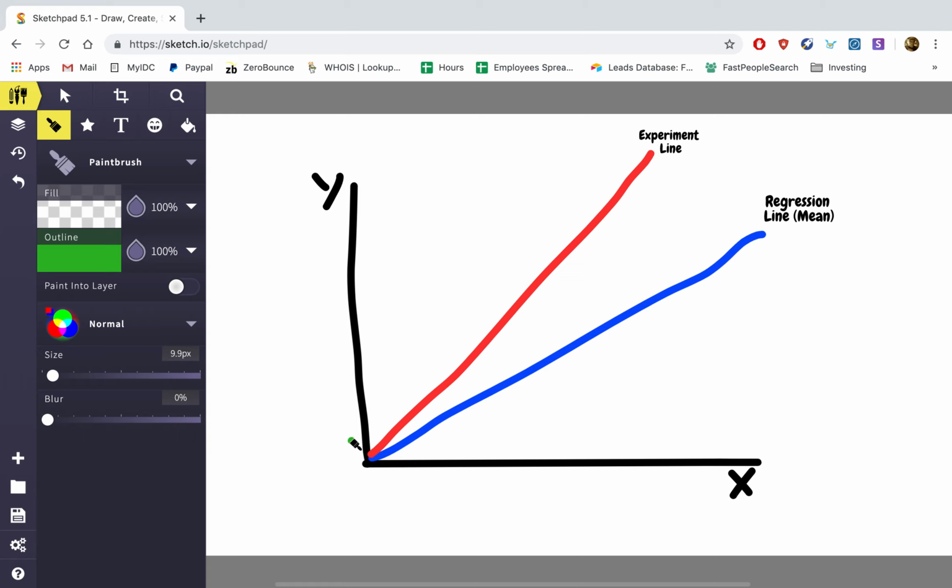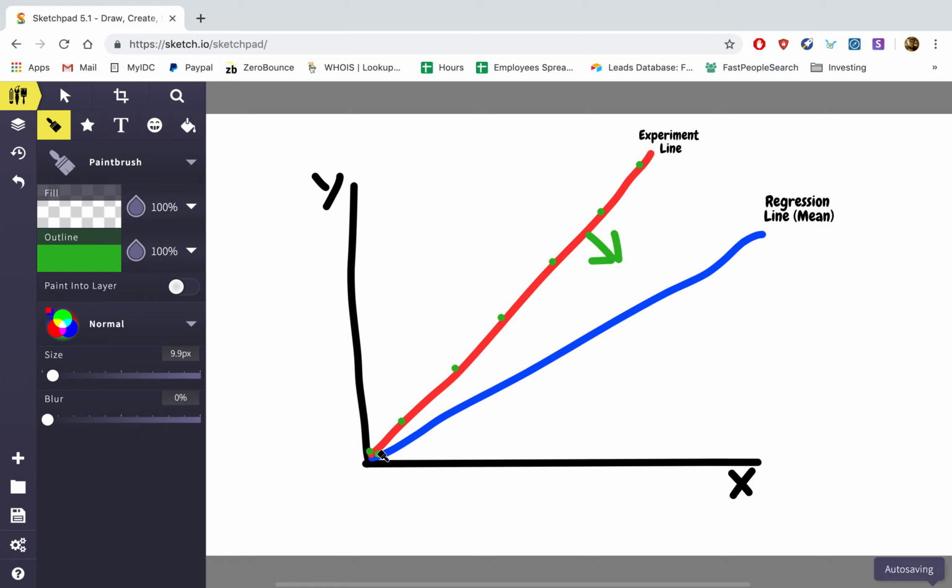So the first thing is the lower the correlation, the more the values will regress to the mean. That means the lower the correlation with this line, right? Because if these green dots are another sample and they were perfectly correlated with the experiment line, we would expect it to draw the same line, right? But if there's less and less correlation with this line, then it's going to have nothing to do with this, and we're going to expect that it's going to start moving towards our mean, right?